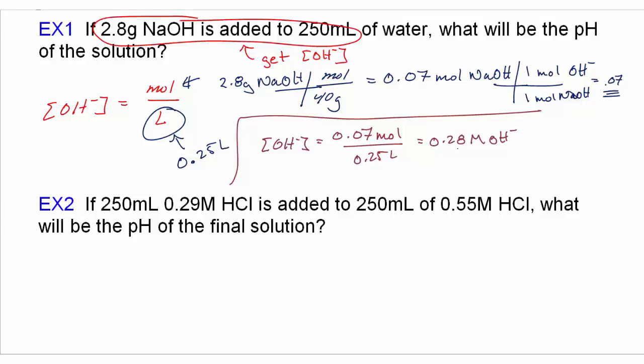Okay, if that's the concentration of hydroxide, my pOH, just take the negative log of it, it's about 0.553. So then my pH, right, subtract from 14, well, 13.45.